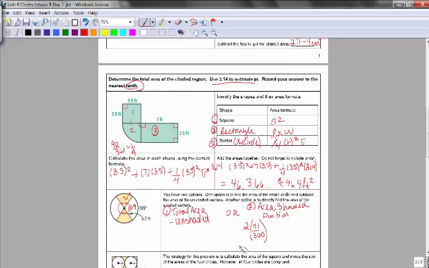So you could write that as 142 over 360. And then my radius squared times pi. And then I'm going to use 3.14 for pi. And now that I have everything written out, I'm going to get my calculator. We don't want to get our calculator until we have everything written out, ready to put in the calculator.